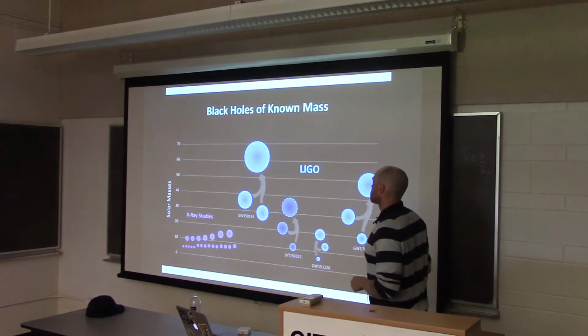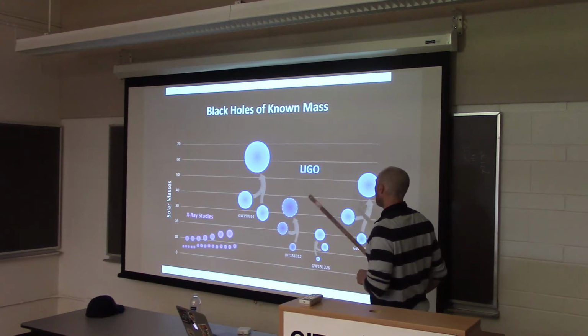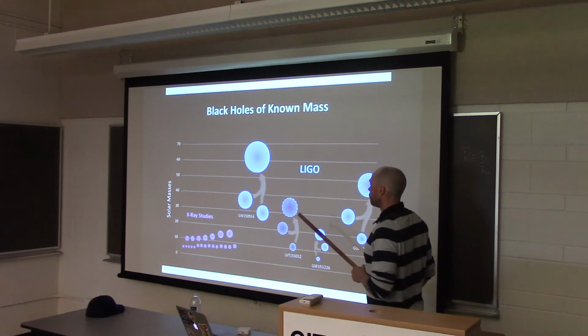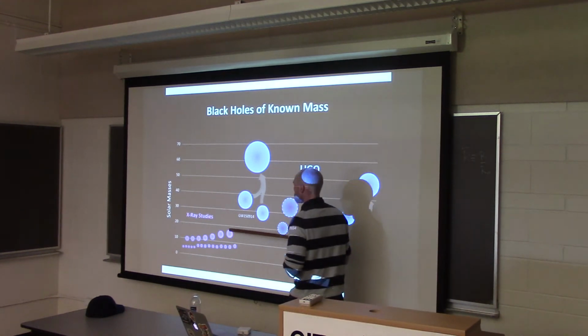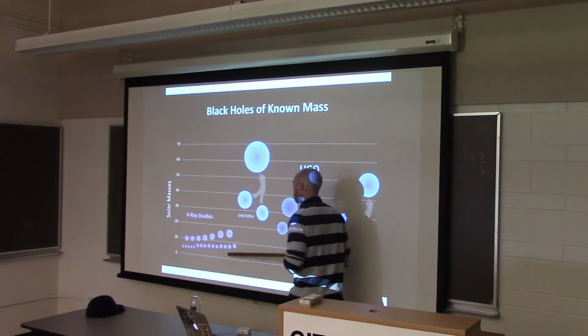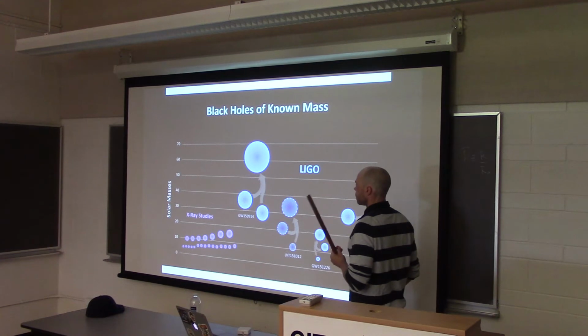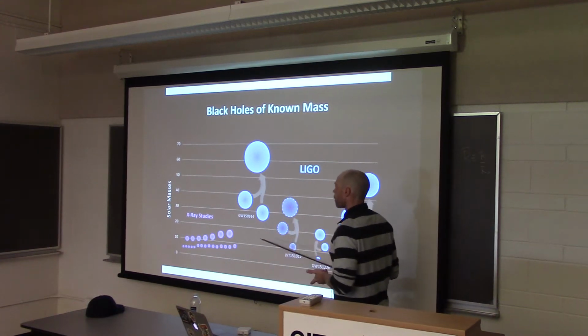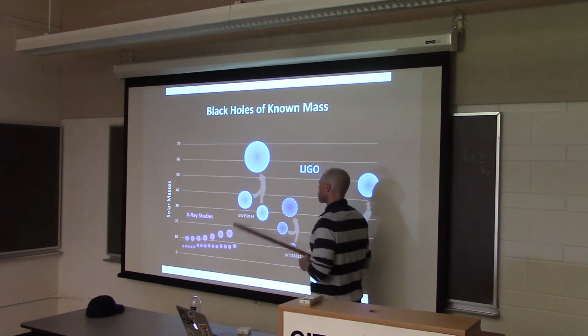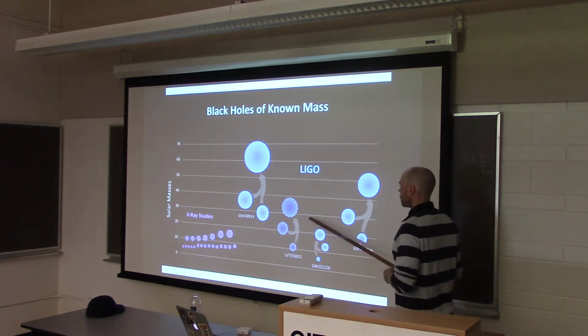The takeaway from this is that we're seeing more massive black holes than we've ever really been able to see before at the stellar mass scale. There's a comparison here to previous X-ray studies that were able to constrain the mass of the black hole via orbital parameter information. The masses of these black holes are typically much, much lower than what LIGO has been detecting.